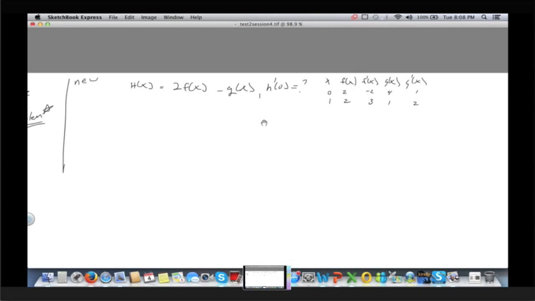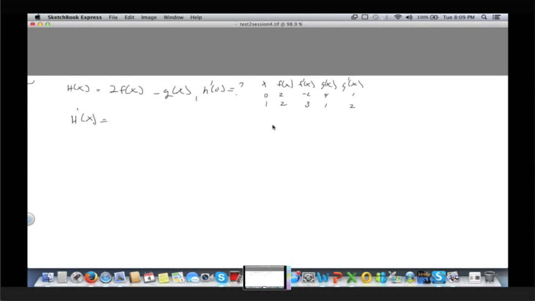Trying to find the derivative. When x is 0, f of x is 2.